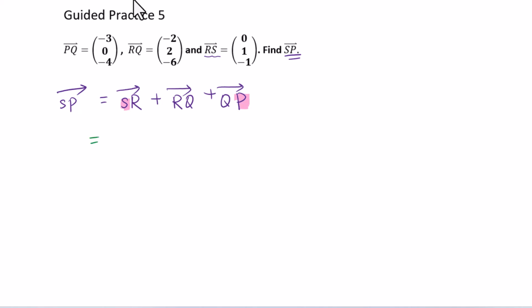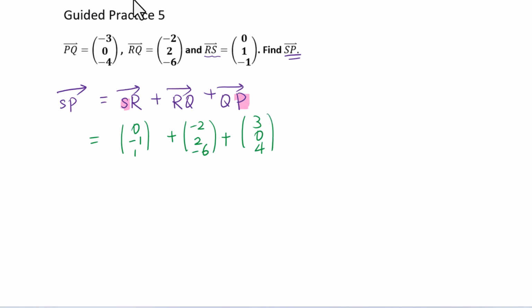Vector SR equals negative RS, get opposite, 0, negative 1, 1, plus RQ, negative 2, 2, negative 6, plus QP, which is the opposite of vector PQ, 3, 0, 4.